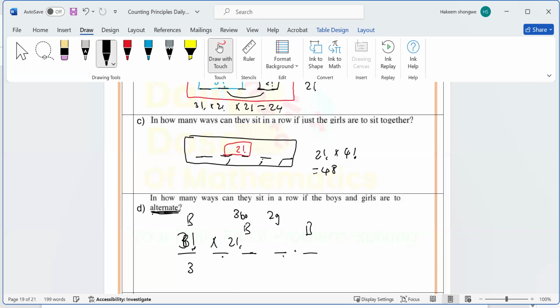The important part is the alternating: the group which is larger, we always start with. So it's 3 factorial multiplied by 2 factorial. It's 12.